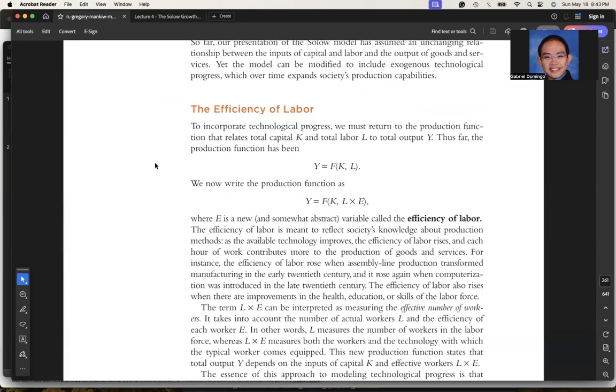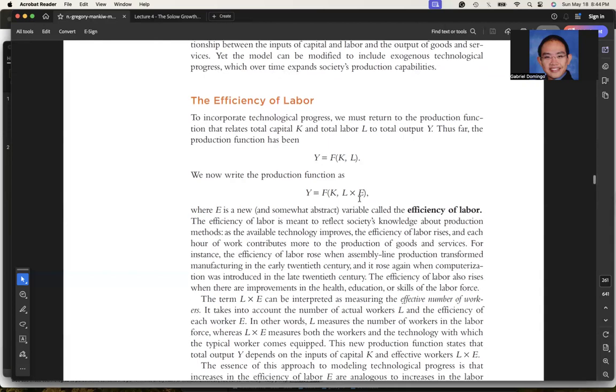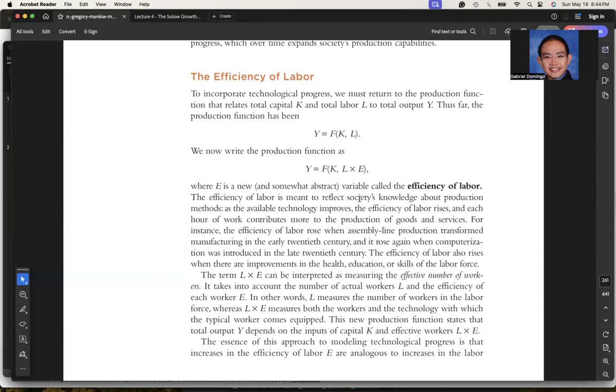The key difference here is that our production function is now a function of capital and efficient labor, L times E. Labor is not just the size of the labor hours, which is the number of people times the time spent working. It's also going to be the product of that times the efficiency of labor, how productive labor is. So E is a new variable that we are going to include.